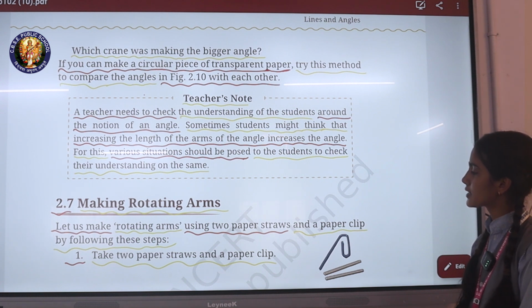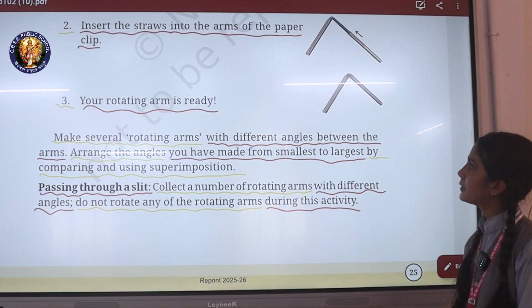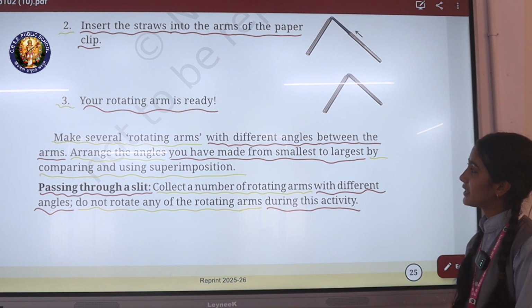Take two paper straws and a paper clip. Number 2. Insert the straws into the arms of the paper clip. Number 3. Your rotating arm is ready.